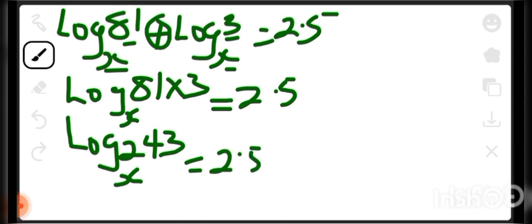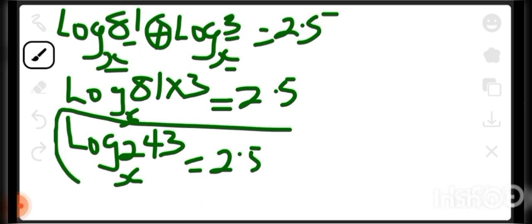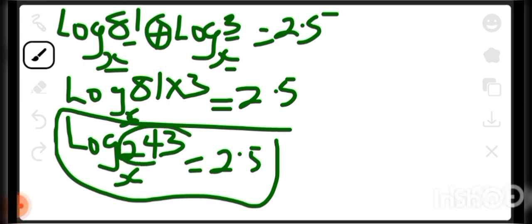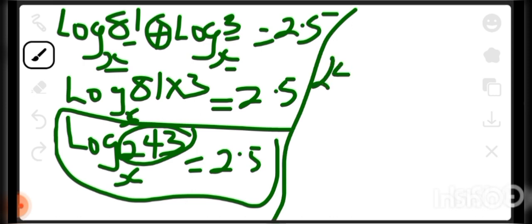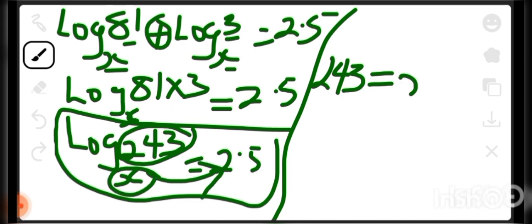So at this stage, if you have something like this, anything you have as the log, which is 243, must be equal to the base raised to power anything on this side, x raised to power 2.5. So what's the meaning of 2.5?